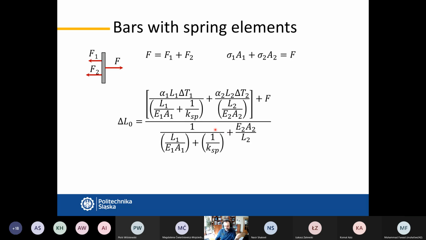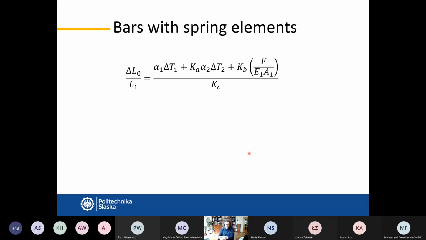This is divided by the rigidity of the system. If there is an external force, we have added it here. If there is no force, F is just 0. From here we can check how the elasticity or the spring constant can affect the stresses in this system. It can also be shown in such a form.